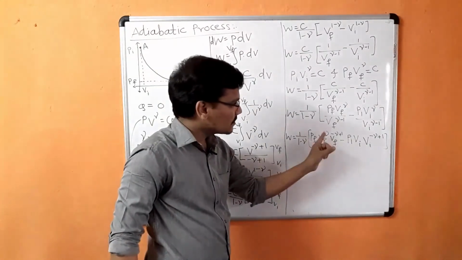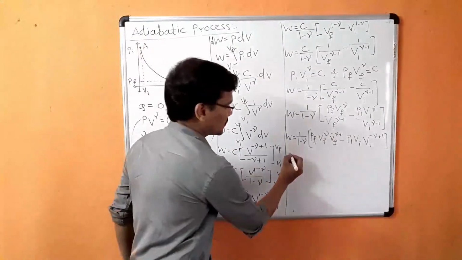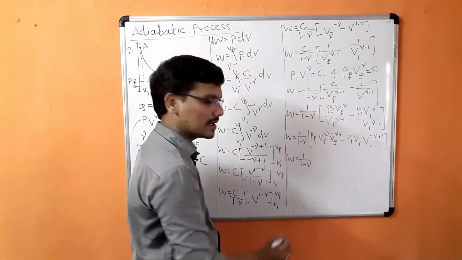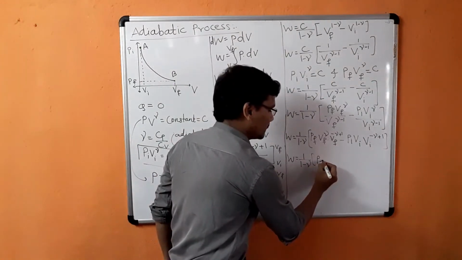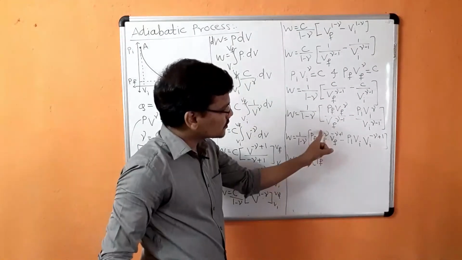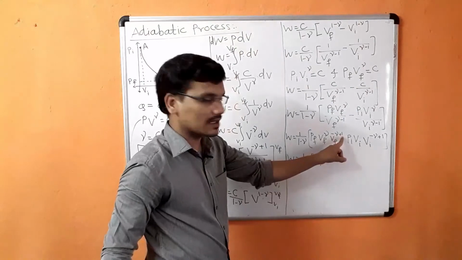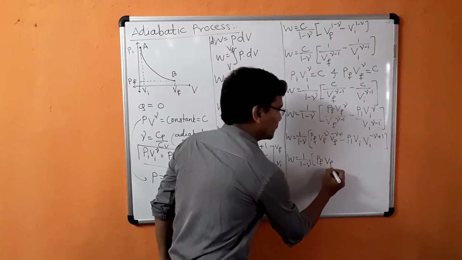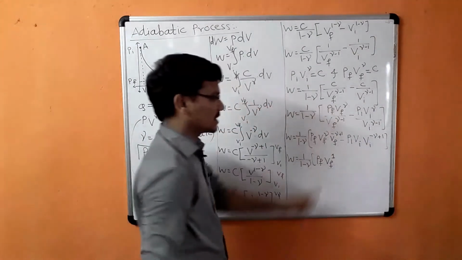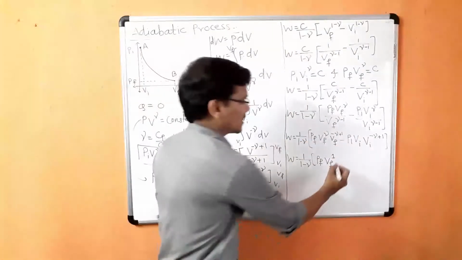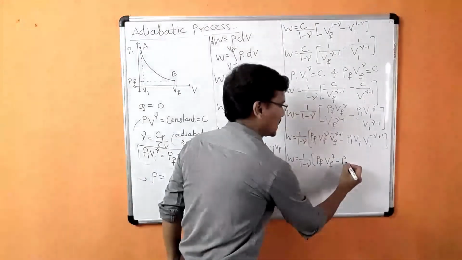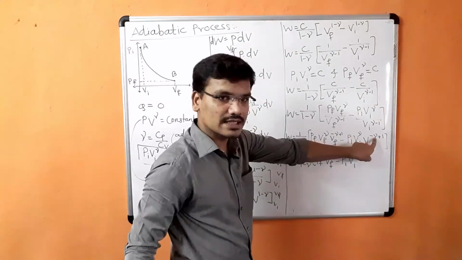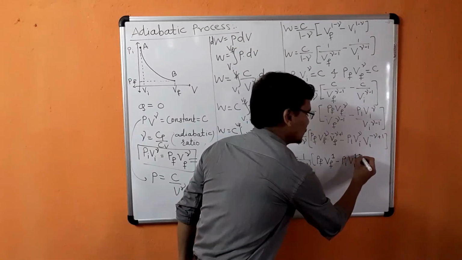Now the base is the same, therefore add the powers. W equals 1 upon 1 minus gamma, Pf Vf raised to gamma minus gamma plus 1. Minus gamma plus gamma cancel, therefore Vf raised to 1. Minus PiVi, minus gamma plus gamma cancel, Vi raised to 1.